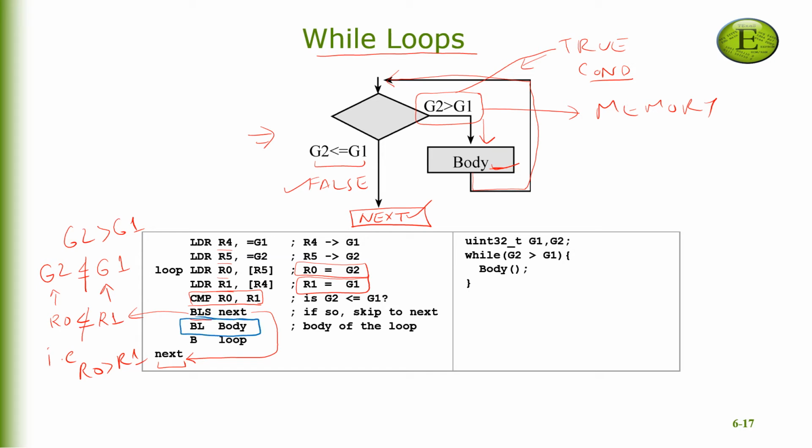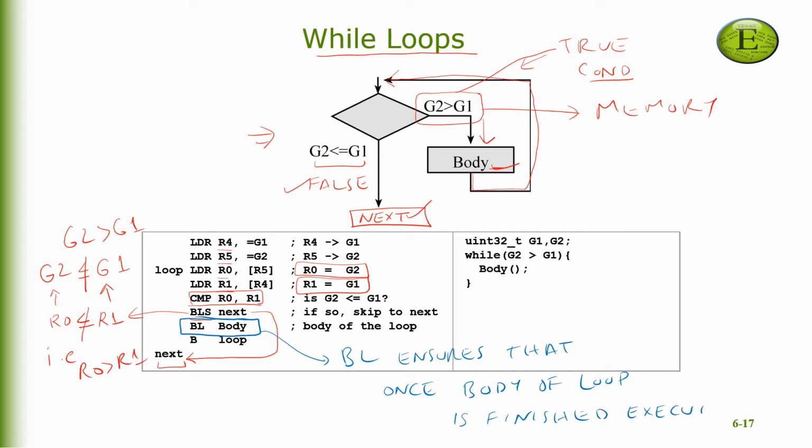Now this is important because BL ensures that once the body of the loop is completely executed, is finished execution, you need to return to the next instruction, which is here, B loop.